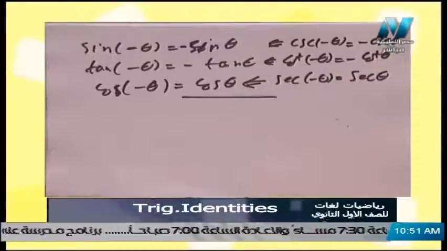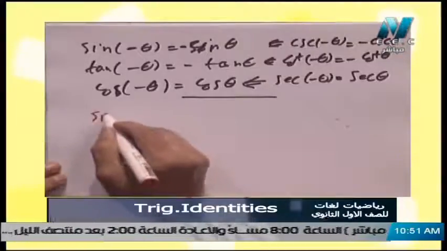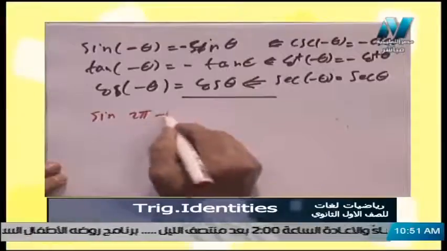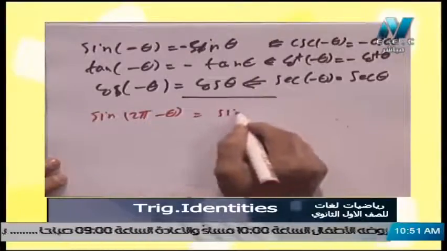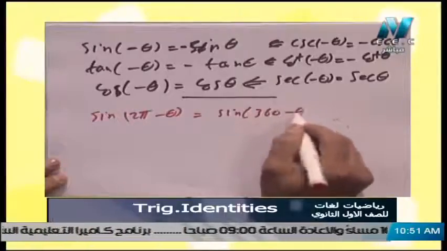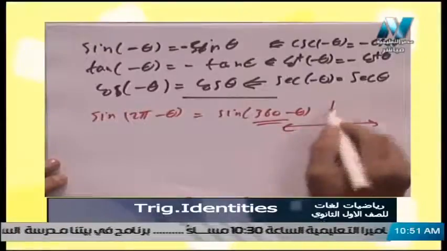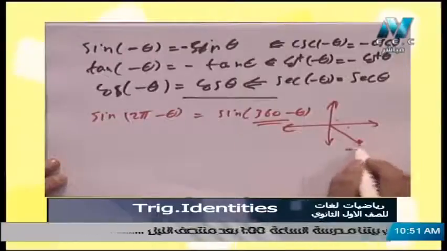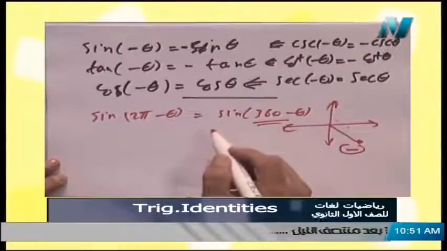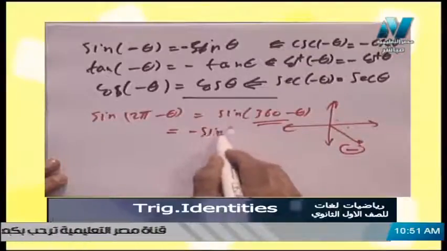Let's study new identities here for 360. If we have sine of 2 pi minus theta, we can write it as sine of 360 minus theta. This angle lies in the fourth quadrant, where sine is negative, so it equals negative sine theta.